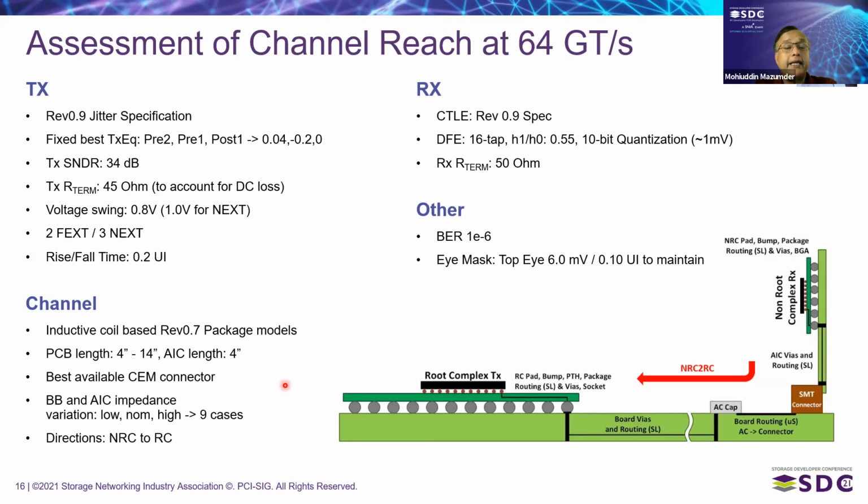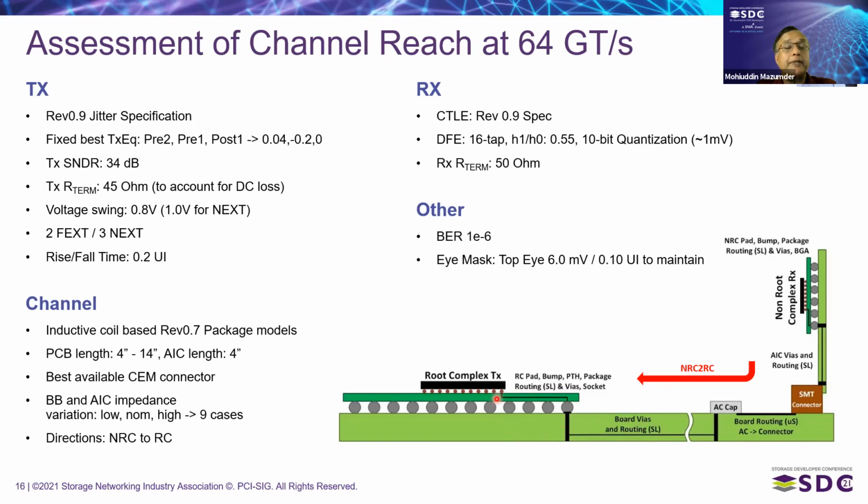So we take again the so-called one connector CEM topology, where a PCIe card is communicating with the root complex. We make an assumption that the transmitter is the spec-defined transmitter, the receiver is the spec-defined receiver, and then the pin-to-pin model is where we model the PCB routing on both the system and the add-in card.